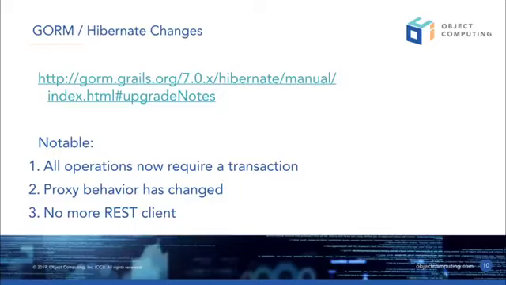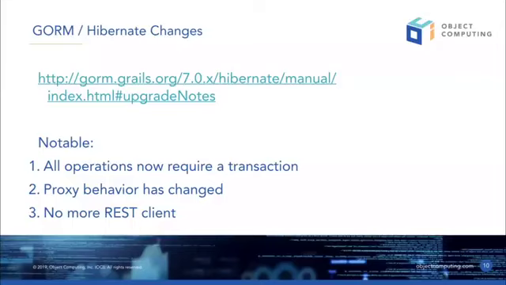And proxy behavior has changed. Previously, and I have another slide about this where we'll talk about the proxy behavior more in depth, Gorm used to unwrap proxies for a has-one sort of association, and that's no longer the case. In addition, there's no more REST client that ships with Gorm 7.